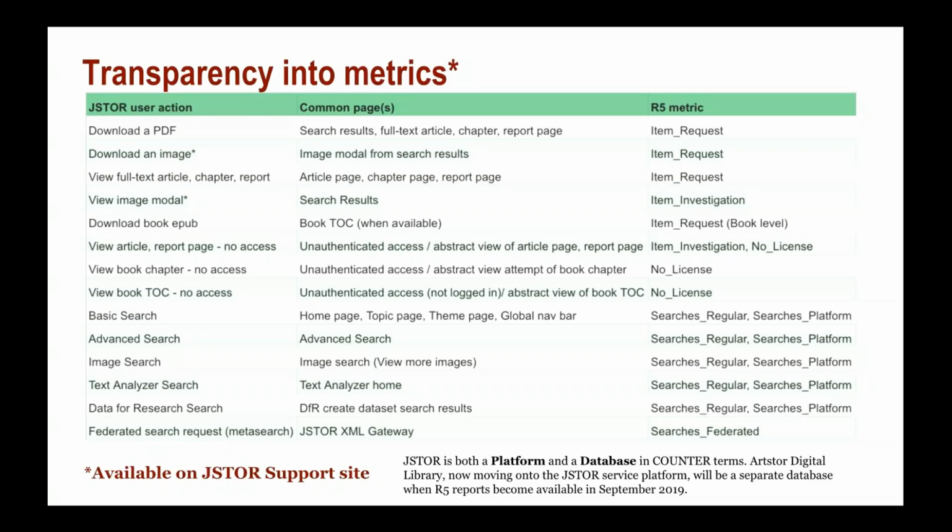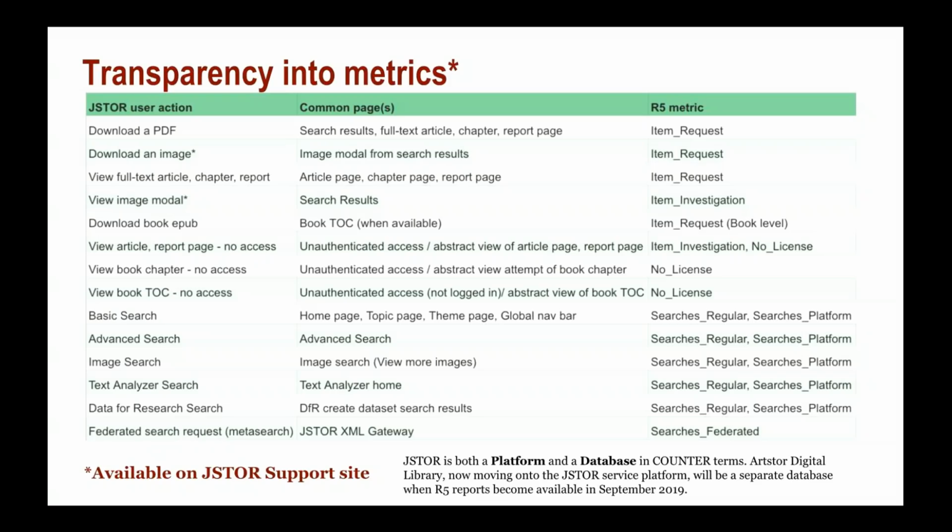However, as you may have heard, our JSTOR Digital Library is moving onto the JSTOR Service Platform, using the set of shared underlying services, and so that would be counted as a separate database. And we're working on those R5 reports now.